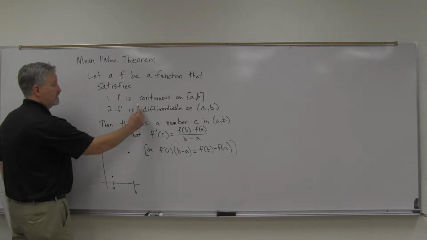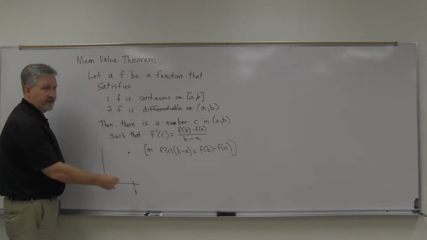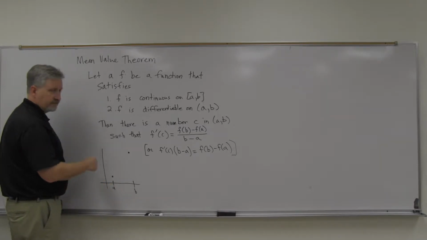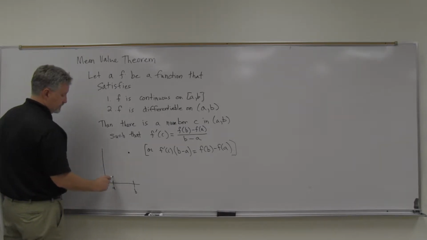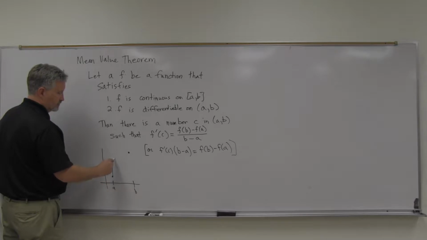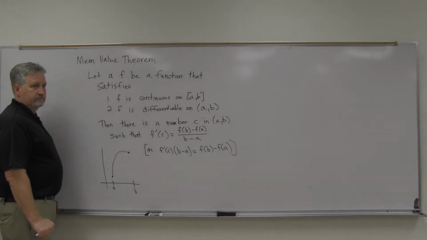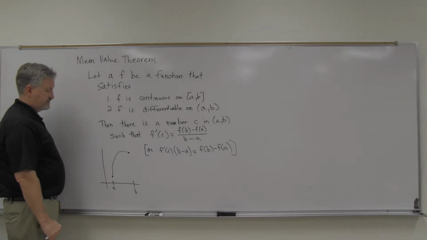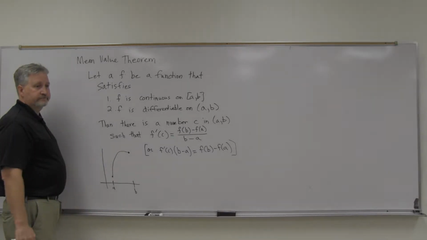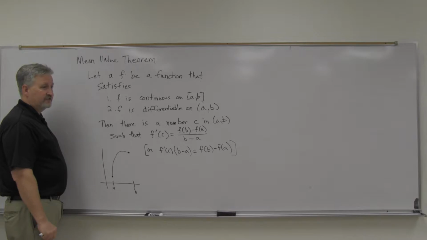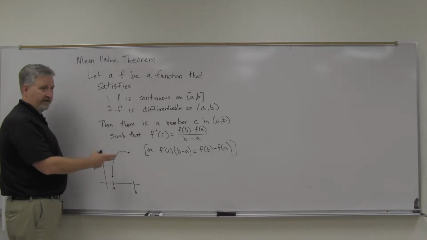As long as it's continuous and differentiable on a to b, so no breaks, no corners, here's the conclusion. I just drew a generic line there, it could do anything as long as it doesn't have a corner or a break in it.